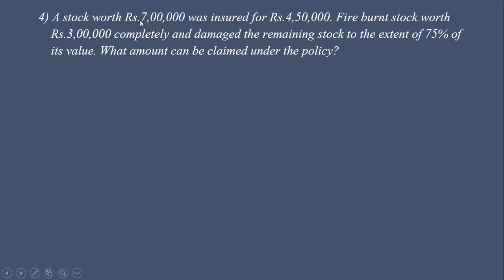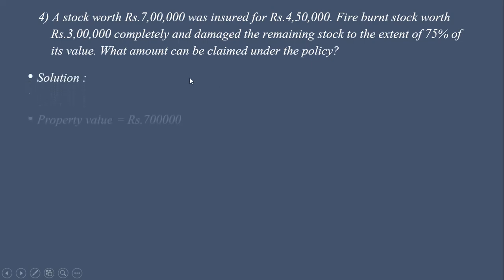Now remaining stock means the whole stock is of rupees 7 lakh and 3 lakh completely damaged. So 7 lakh minus 3 lakh, 4 lakh. So remaining stock is of rupees 4 lakh and 75% of 4 lakh is damaged stock. So we have to consider loss due to these two things, completely burned stock and the damage in remaining stock.